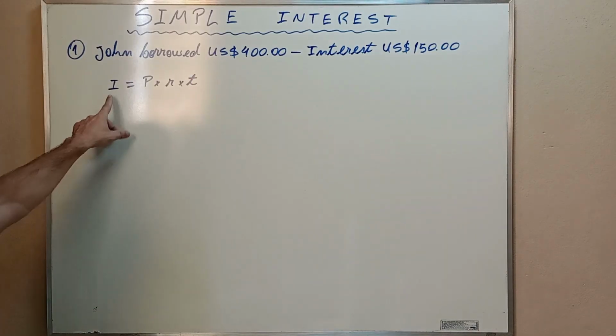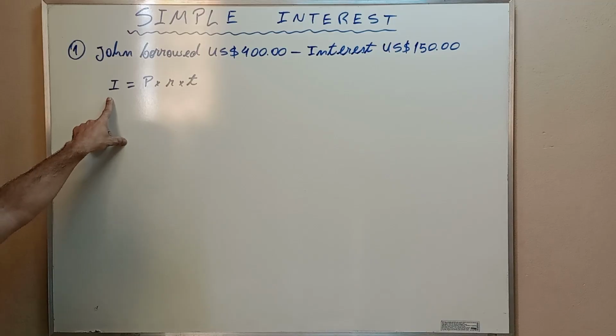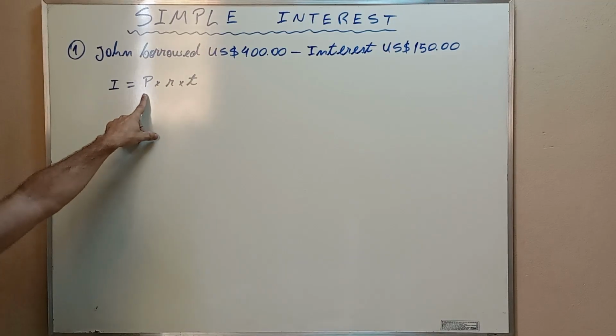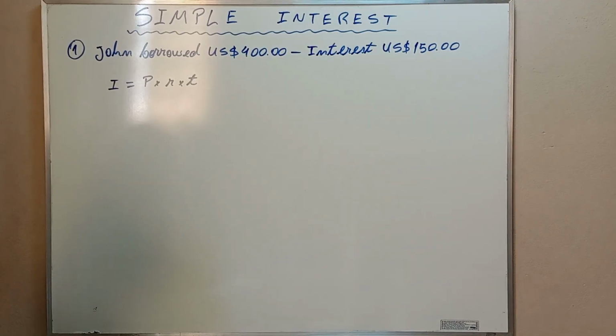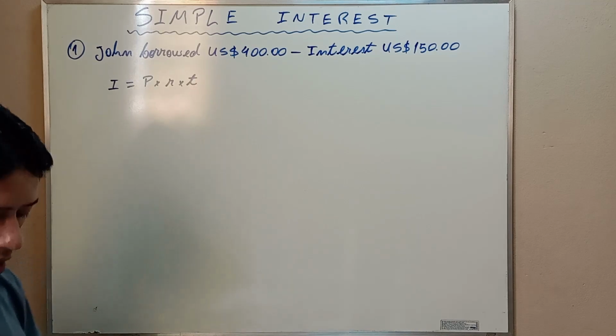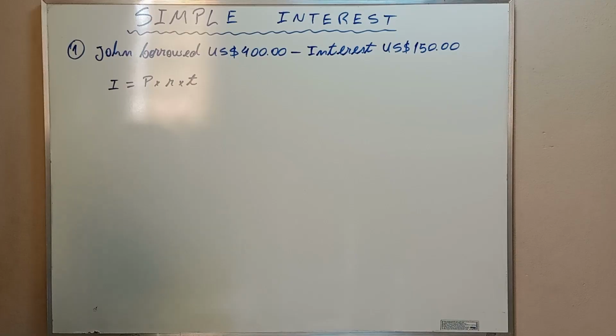Alright? Interest in dollars is equal to the principal times the rate, the interest rate, times the time. And the principal is $400 and the time is 6 months, because the exercise says that it was 2 quarters.